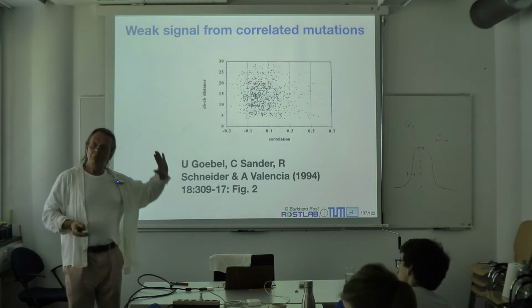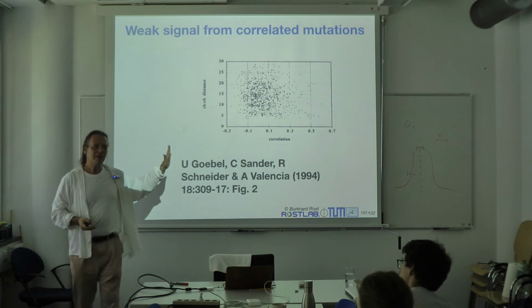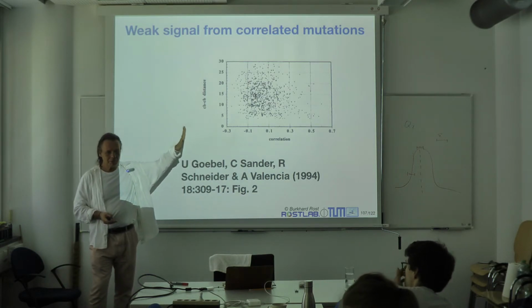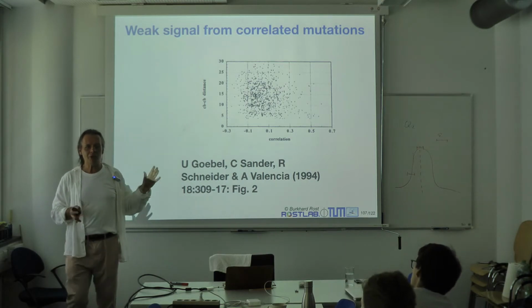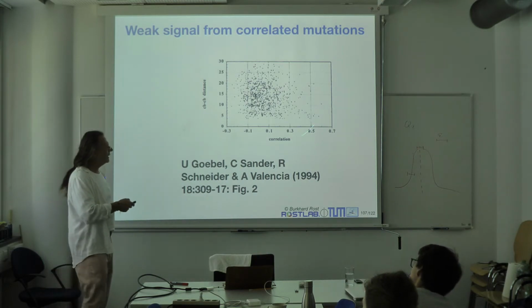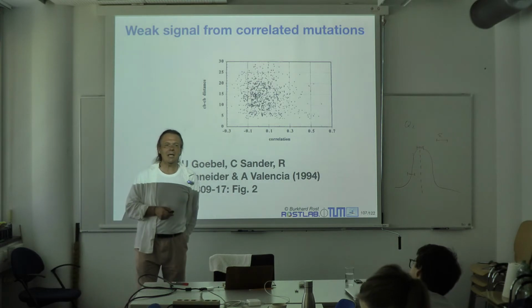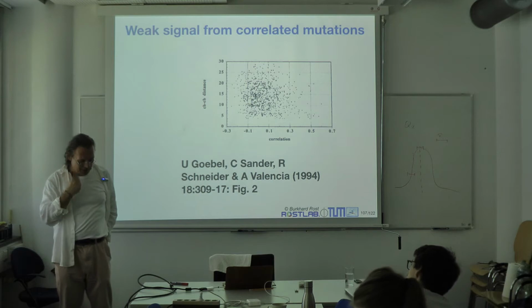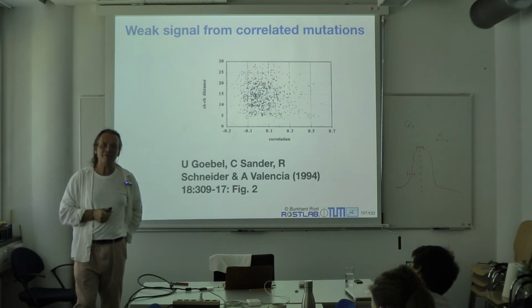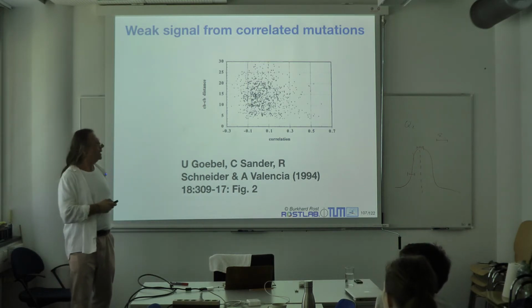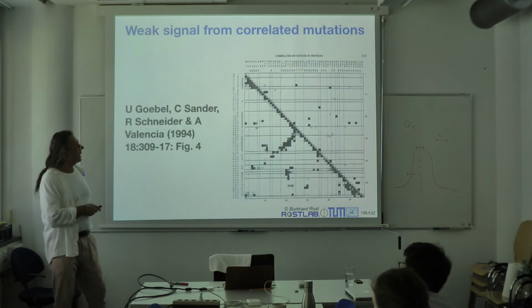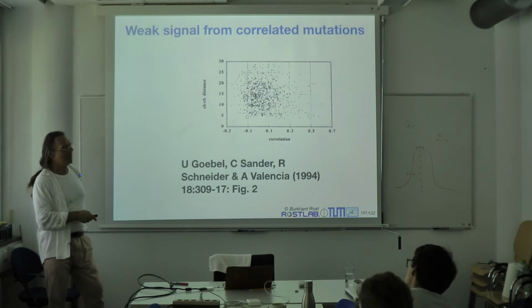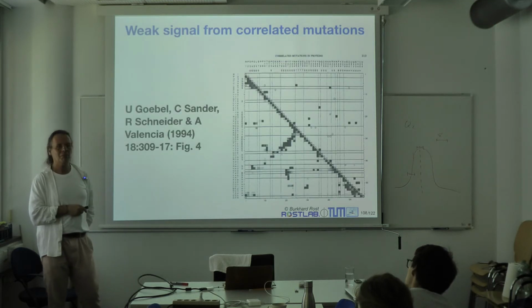But what the paper defended is at least you don't have a random signal. It looks pretty spread, and there were within a year actually 4 publications on this, and these 4 publications had very different conclusions. This one here said there is a signal, and this one said otherwise, because when they looked at what that would imply in terms of contact prediction, they saw contact maps such as this one.